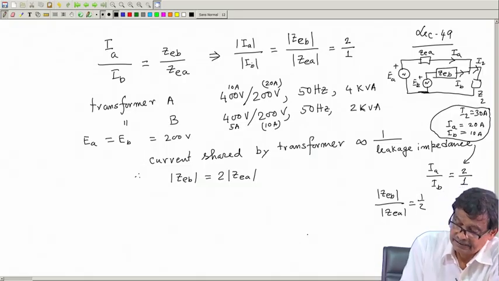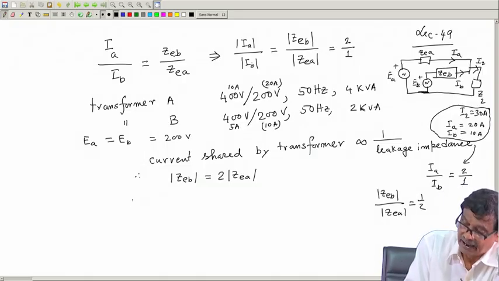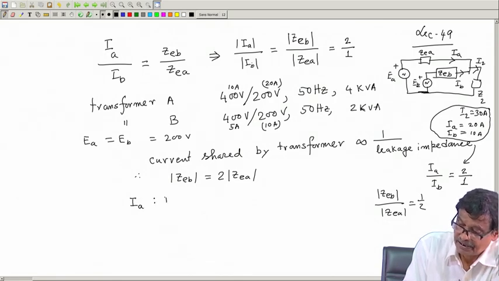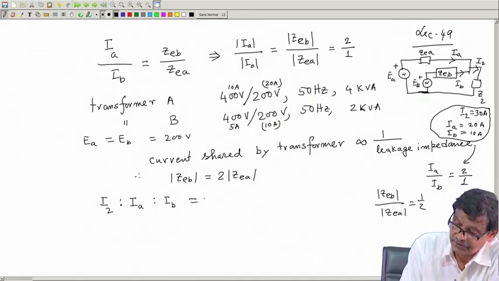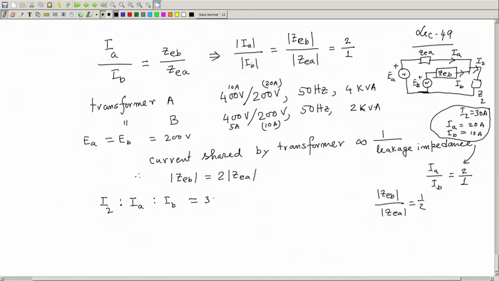Implication is, see the ratio of the currents IA is to IB is to the total current I2, this ratio. My desirable thing is it should be 2 is to 1 is to 3, that is what I want. But if it is the other way around, then the ratio of currents will be just opposite.